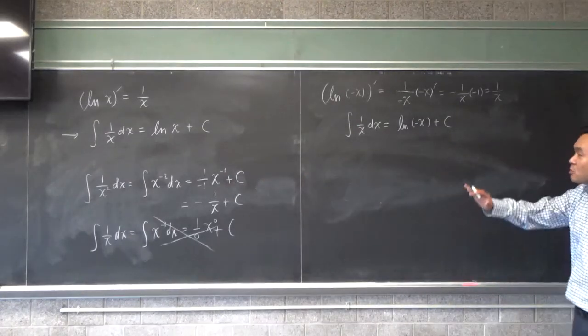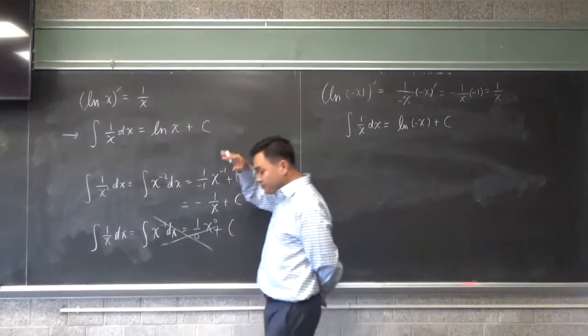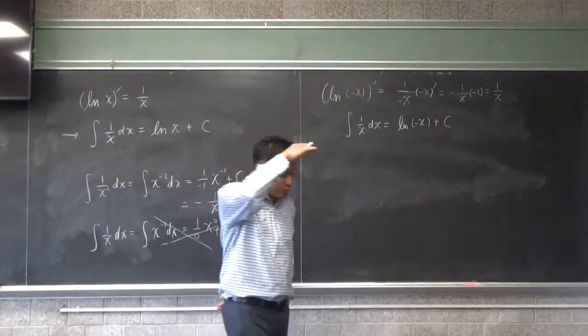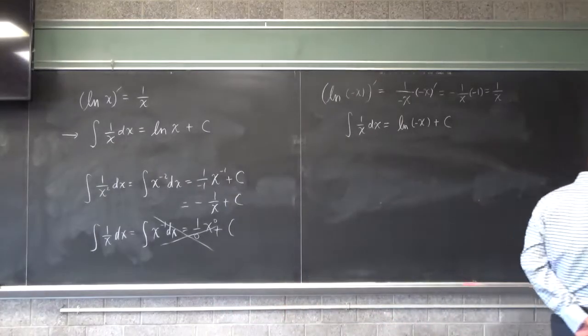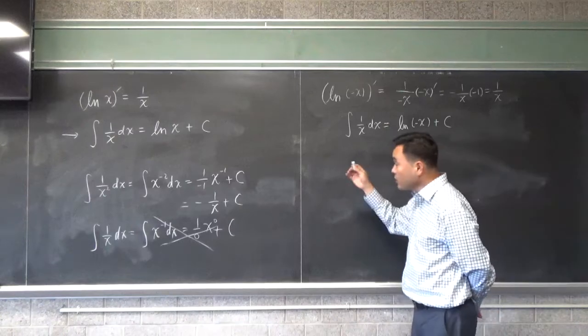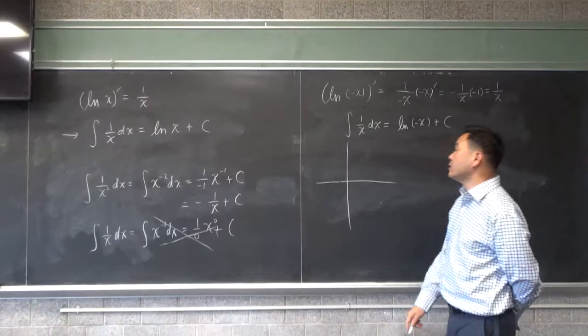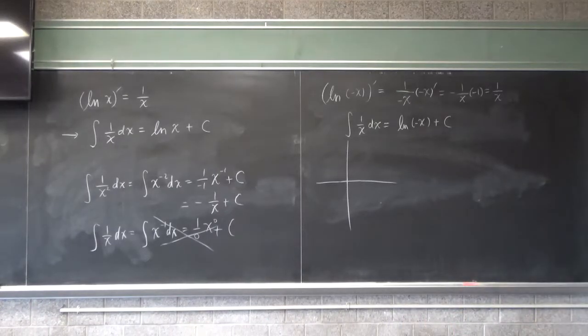But here we don't use complex numbers, so these are different functions. So at first this looks really puzzling. But then if you draw the graph and start to think about it, it starts to make a little bit more sense.